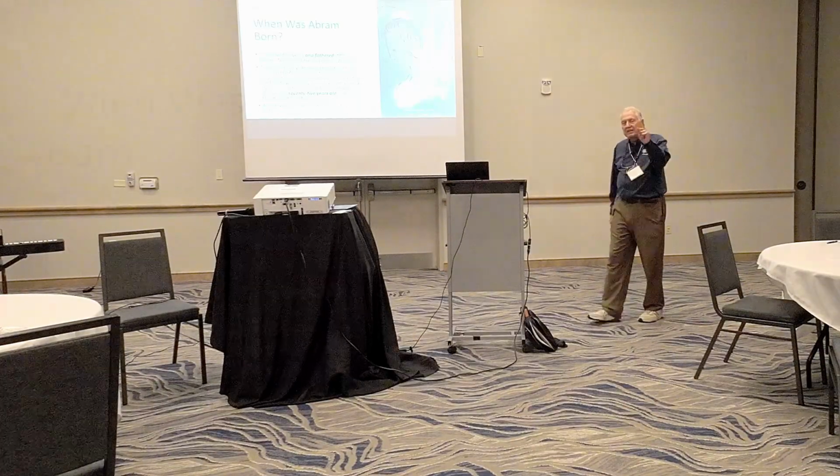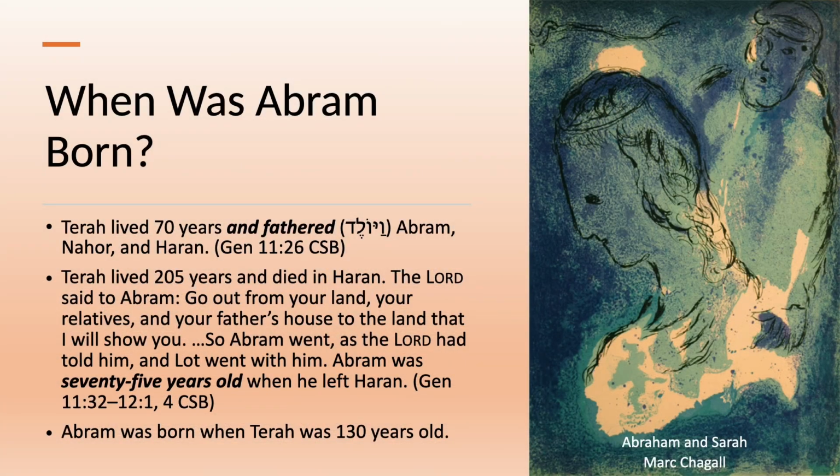But it's even worse with the case of Abram. Terah lived 70 years and fathered, again, I'm just going to use that for this verb right now, Abram, Nahor, and Haran. Terah lived 205 years and died in Haran. The Lord said to Abram, go out from your land, your relatives and your father's house to the land I will show you.